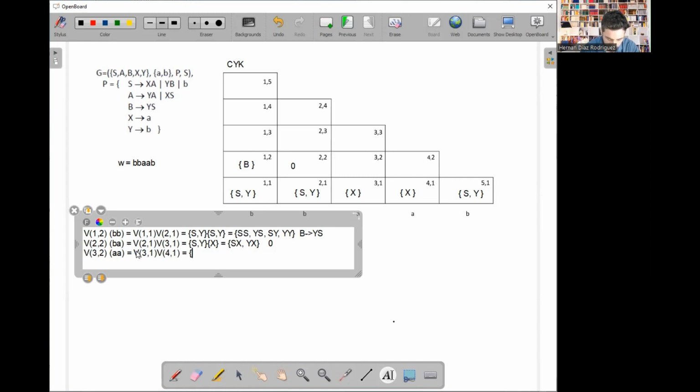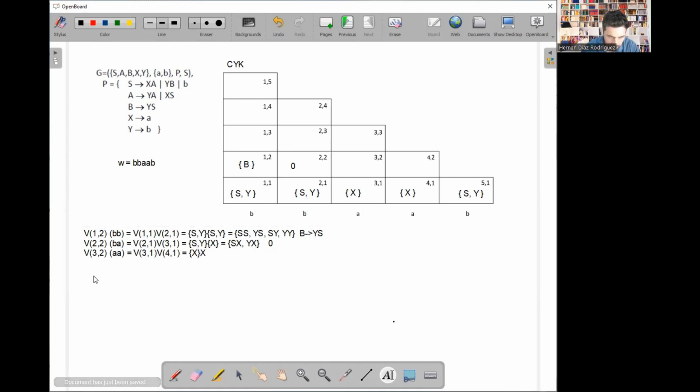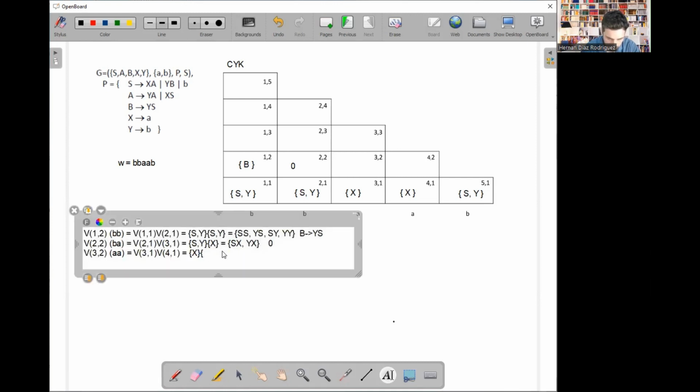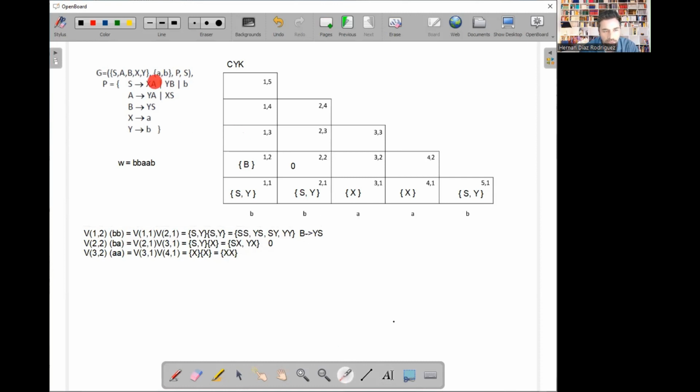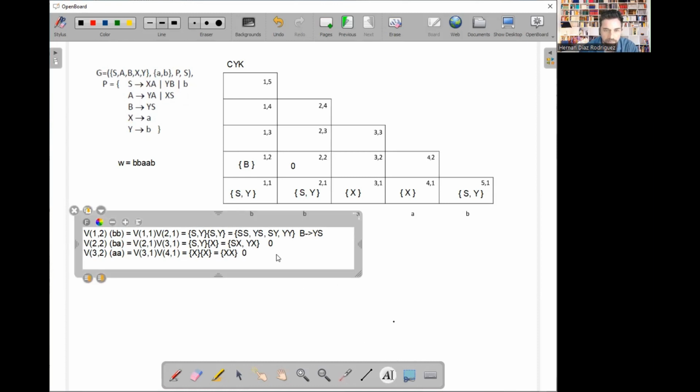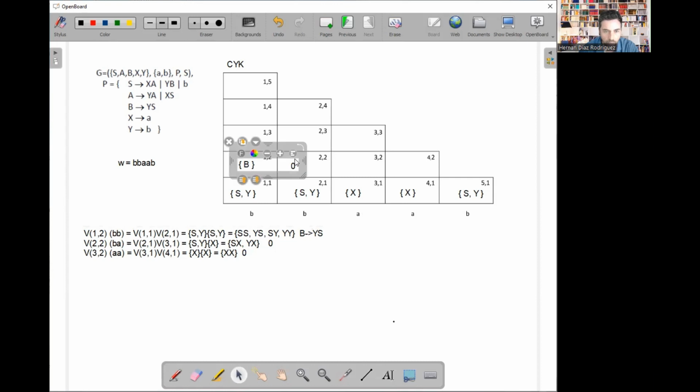So it will be X and X. So the only possible combination is XX. So we look into the grammar, and there is no production rule that produces XX. So again, we will say that it's not possible here.